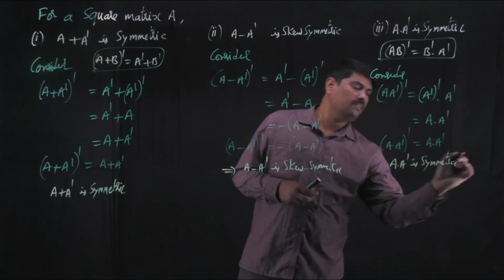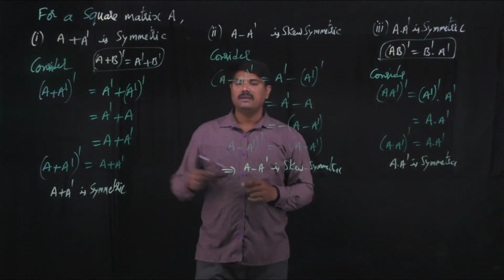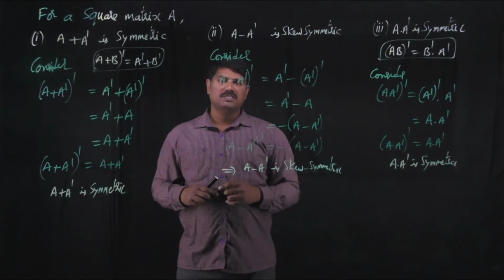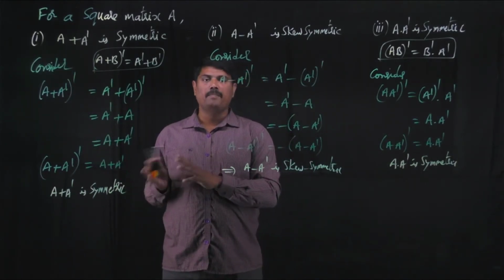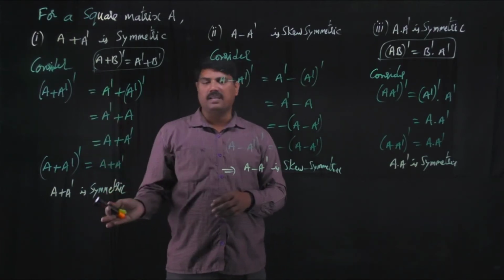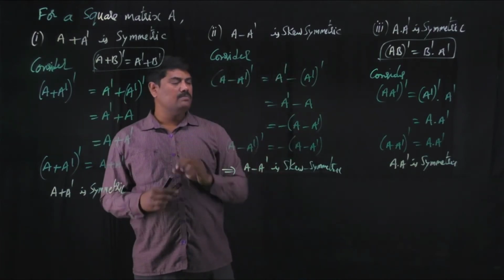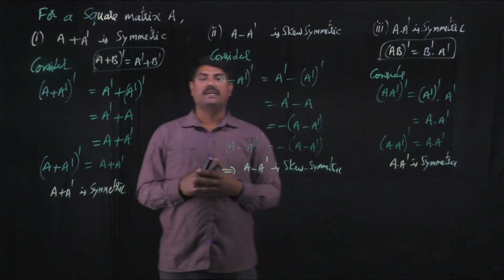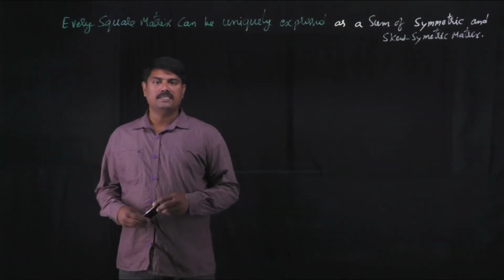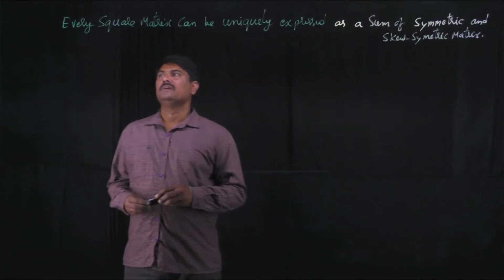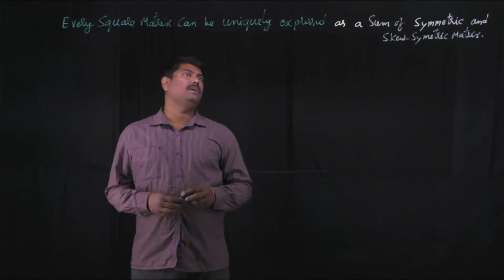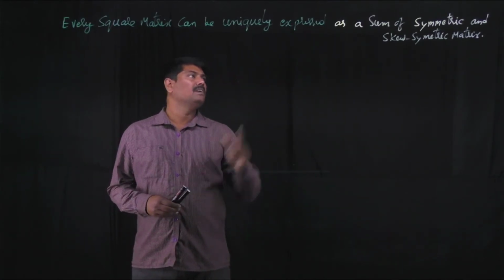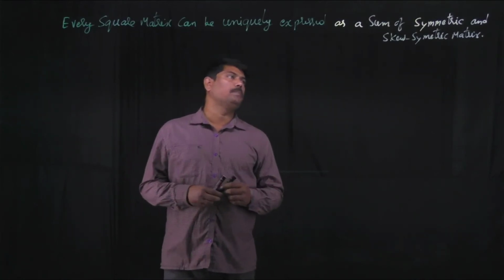So remember, for a given square matrix A, the matrix and its transpose: their addition becomes symmetric, subtraction becomes skew symmetric, and their product becomes again symmetric. These are the properties. Now let us discuss one point. Every square matrix can be uniquely expressed as a sum of a symmetric and a skew symmetric matrix.